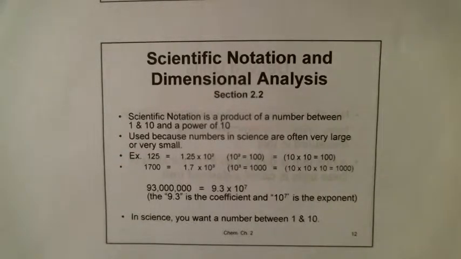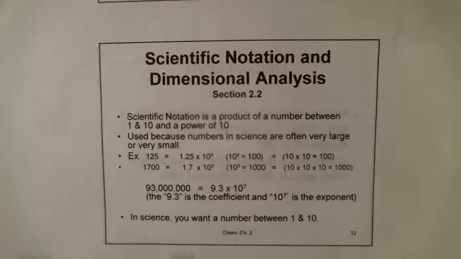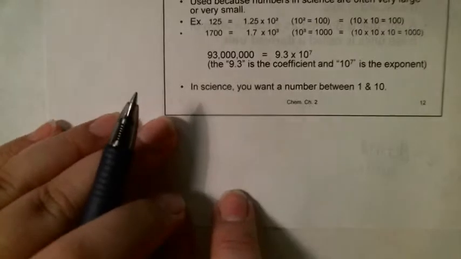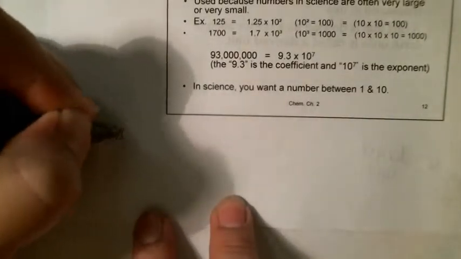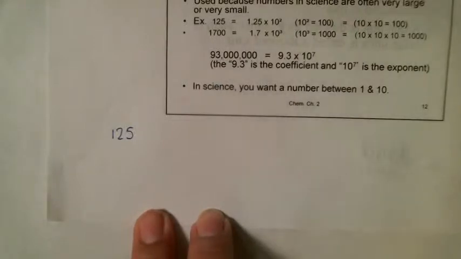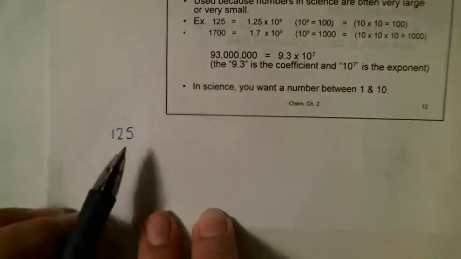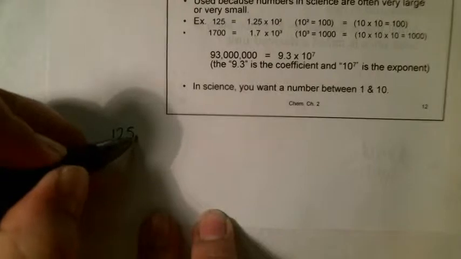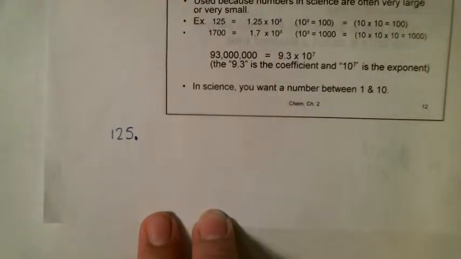So for example, to write 125 in scientific notation, you're going to want to hop the decimal point so that there's only one number in front of the decimal. In this case, 125, there's no decimal given in this number. So if there's not a decimal shown, we know that it's right behind the last number.